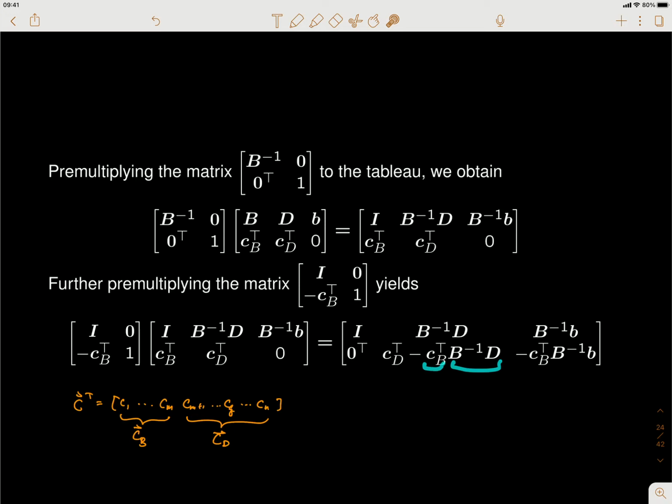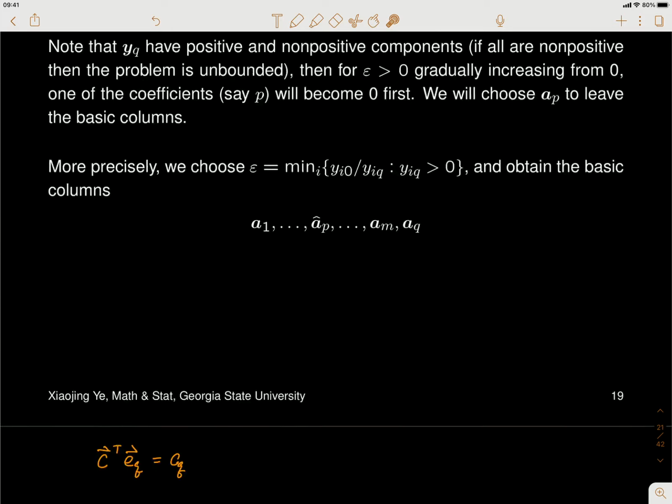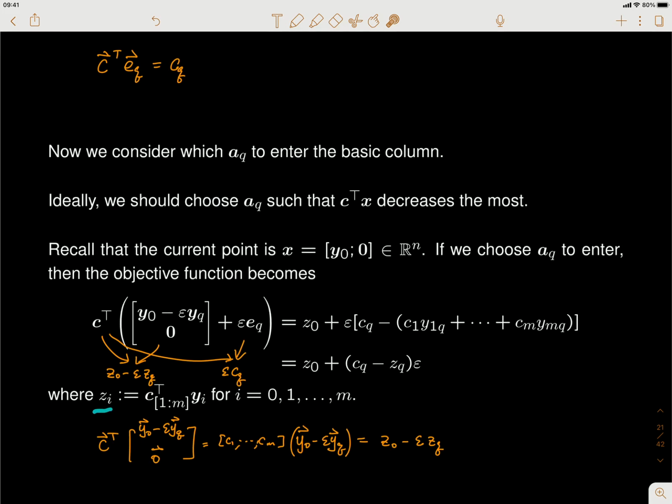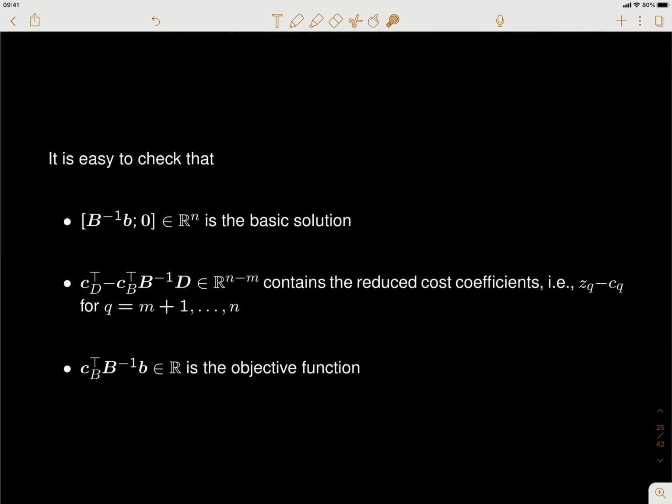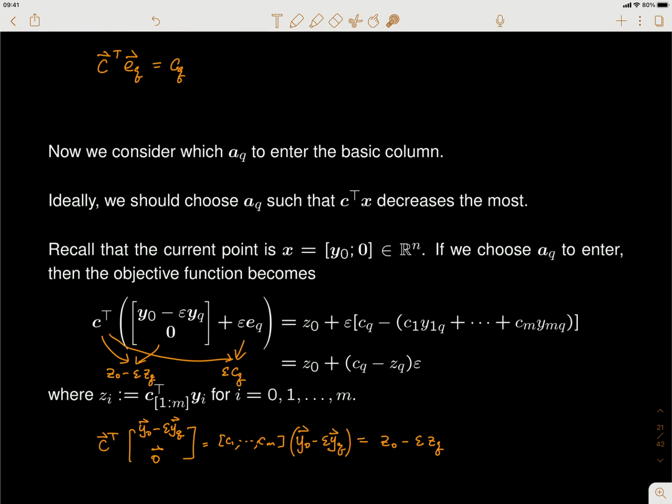And then we multiply by the CB. That is exactly the Z we mentioned, because the Z is just this vector. That is the CB vector we mentioned. This is also equal to the C of 1 through m, the first m components of C. And now, how about this one?